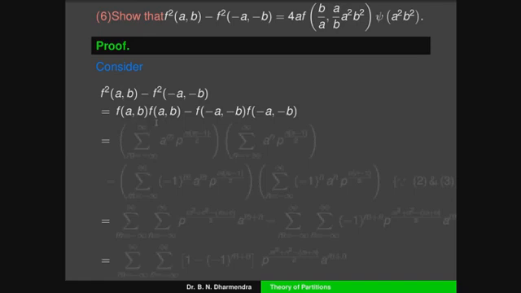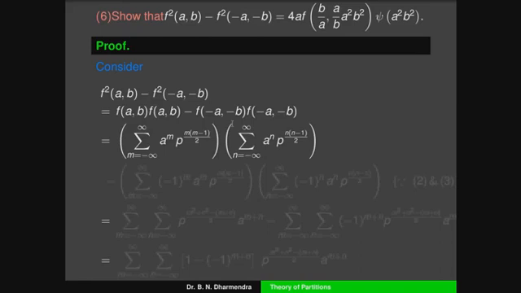Using that result, the first term can be written as summation m running from minus infinity to plus infinity a to the power of m into p to the power of m into m minus 1 by 2, into the second series, summation n running from minus infinity to plus infinity a to the power of n into p to the power of n into n minus 1 by 2, minus the term from today's third result: f of minus a comma minus b can be written as summation n running from minus infinity to plus infinity minus 1 to the power of n into a to the power of n into p to the power of n into n minus 1 by 2, if p is equal to a into b.